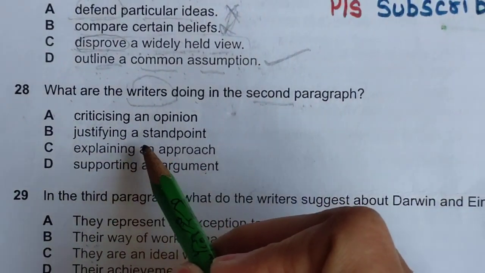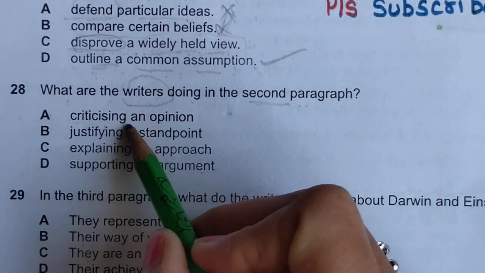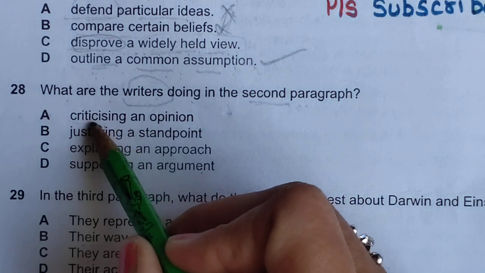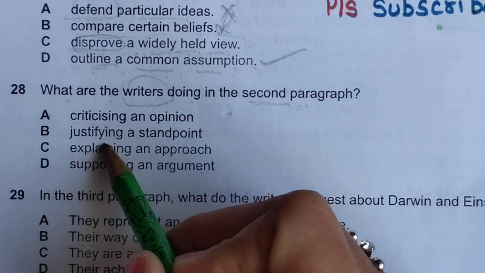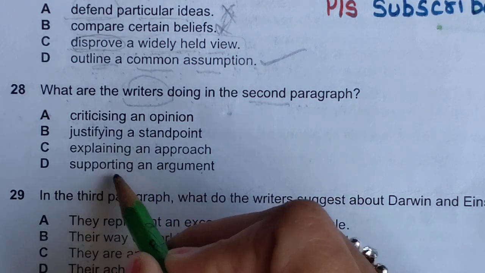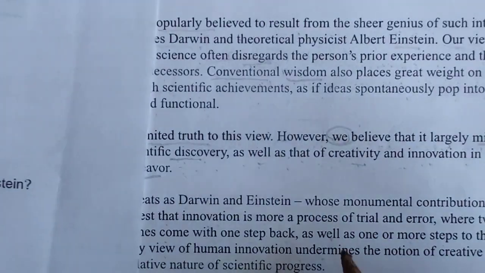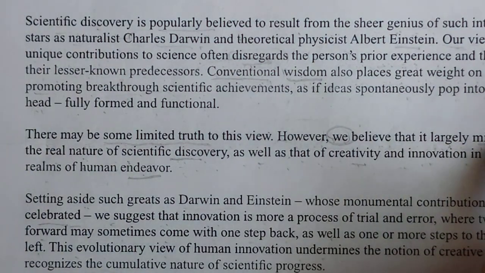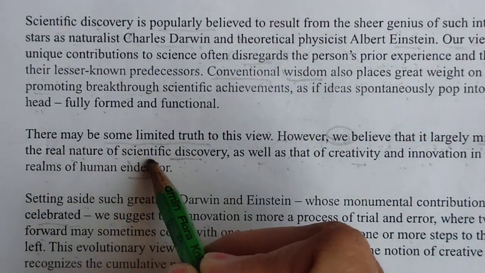So here, let's read it. Criticizing an opinion. So were they criticizing an opinion? Justifying a standpoint. Explaining an approach. Supporting an argument. We believe that it largely misrepresents the real nature of.